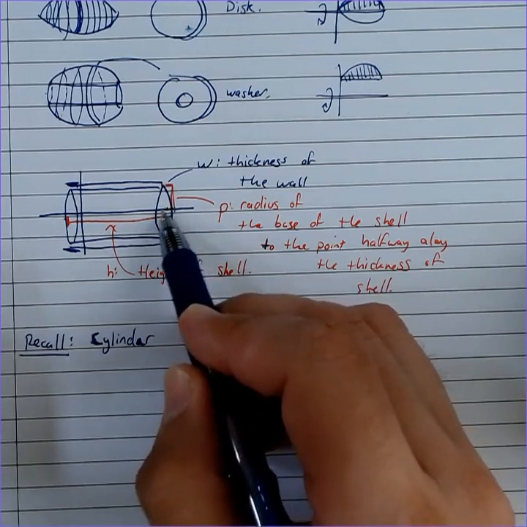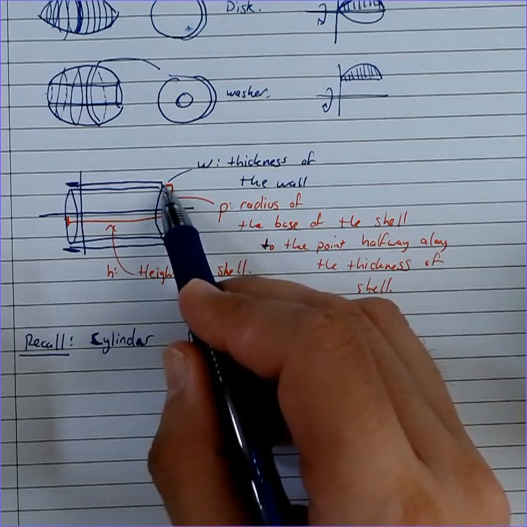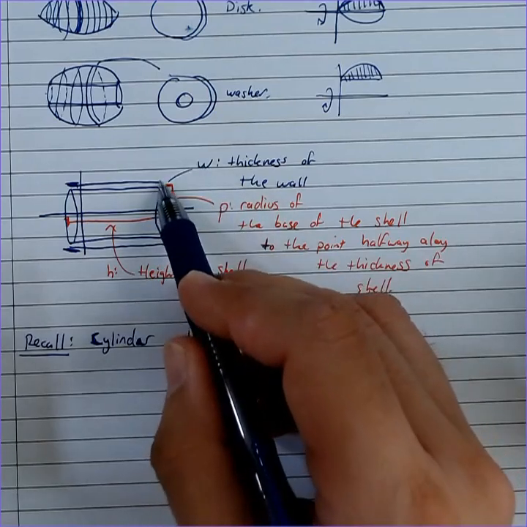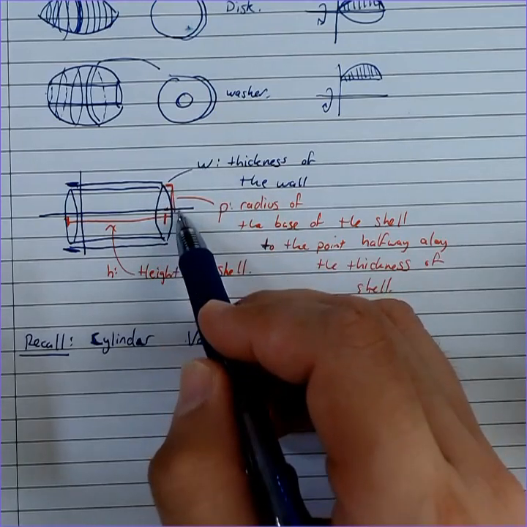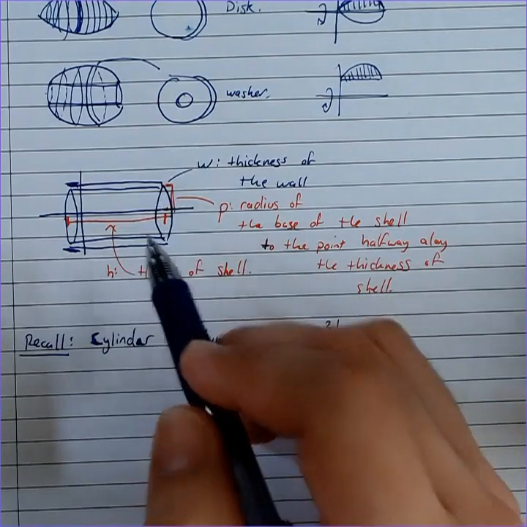P gets me from the center, from the axis of rotation, to halfway into the wall. To get to the outside, I just need to move a little bit further. I just need to move another half of this. If this thing is 1 inch wide and I'm already halfway in, I just need the other ½ inch to get all the way to the outside.